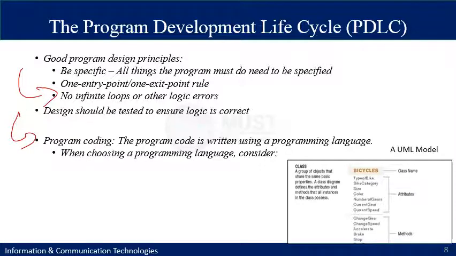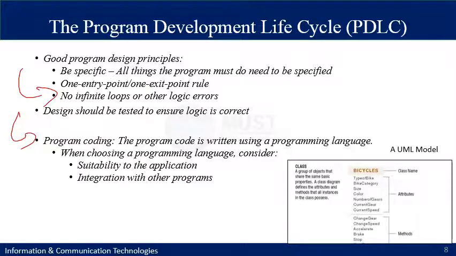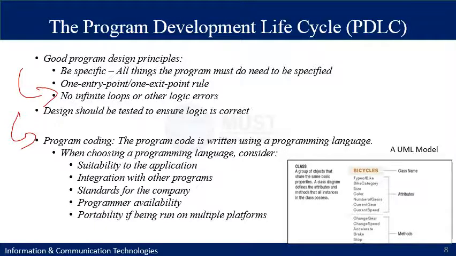When choosing a programming language, you must consider the suitability for the application, the integration of the application with other programs, the standards of the company you are developing the program for, the availability of programmers in the language, and also the portability if your program is being run on multiple platforms. There are different tools and programming languages available to cater to the needs of program coding.